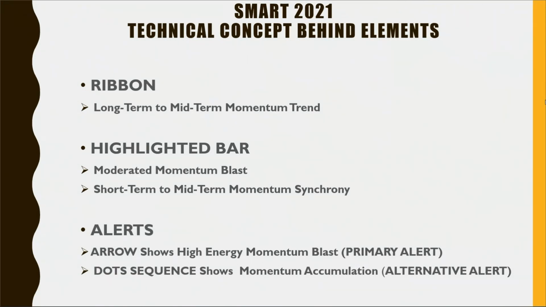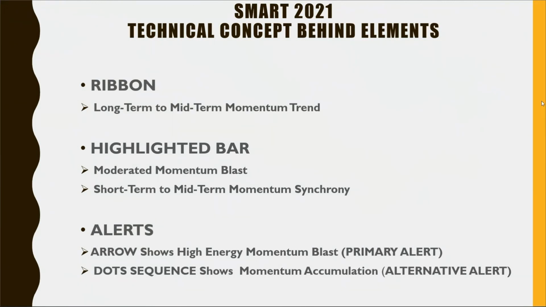That's the difference between the primary buy green or short red arrow alert and the alternative green or red dot alert. The arrow shows a momentum blast, and the dot shows a lot of momentum being held, a lot of momentum accumulation. Arrows and dots are both very effective and efficient alerts when they are simultaneously in agreement with the rest of the elements, with the ribbon and the highlighted bars conditions.